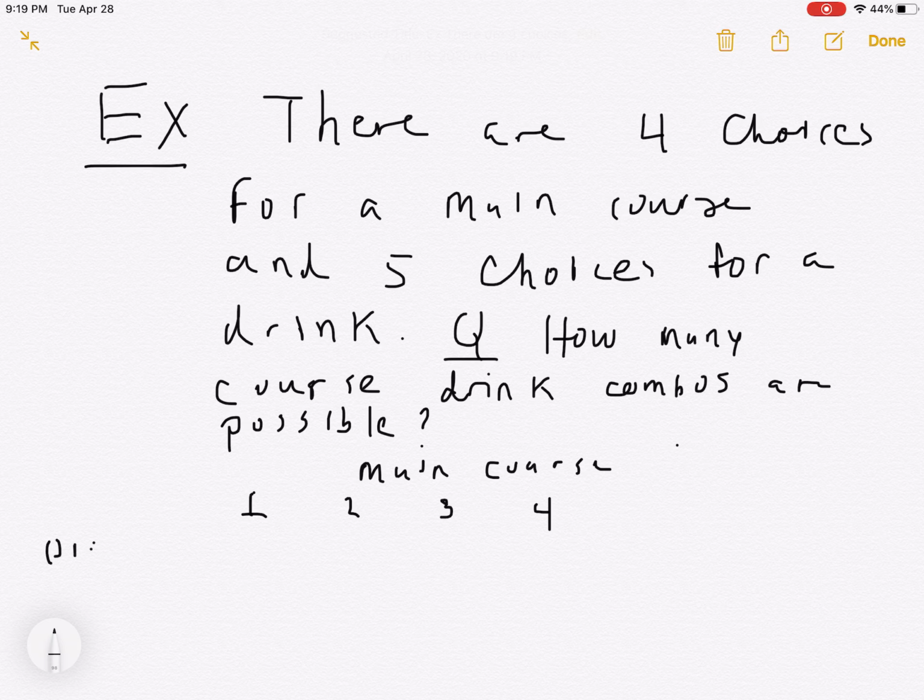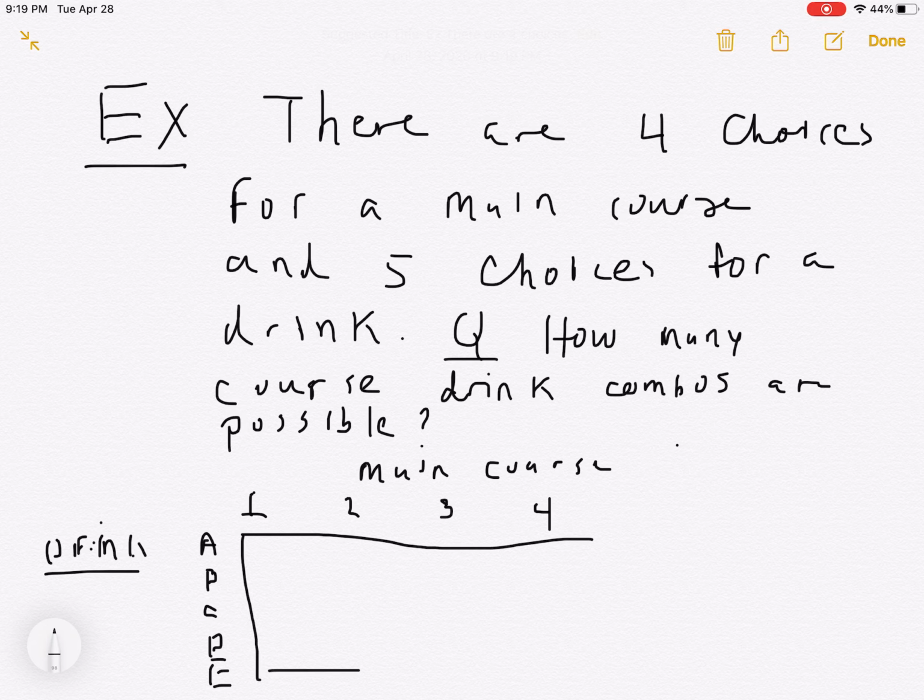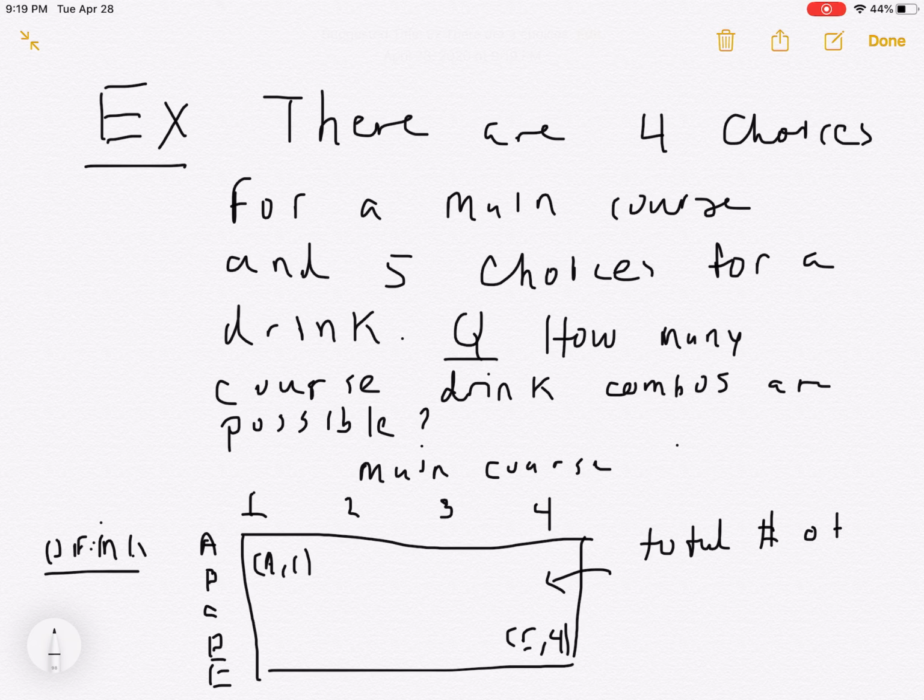And then for drink, they could have A, B, C, D, or E. This main area, which I'm not going to entirely fill in, is going to be A1 all the way through E4. If we count this, these are the total number of combos.